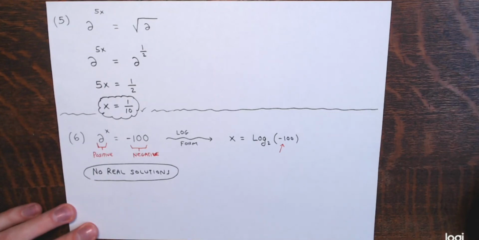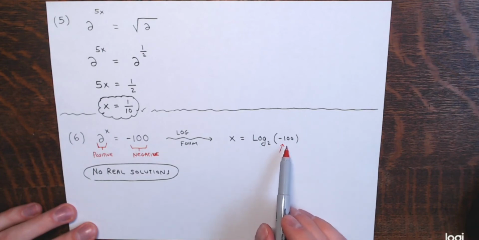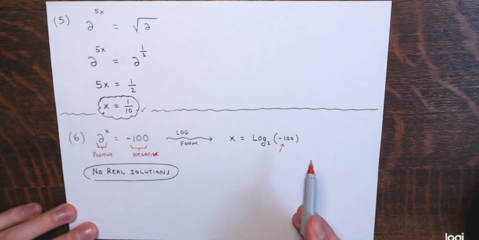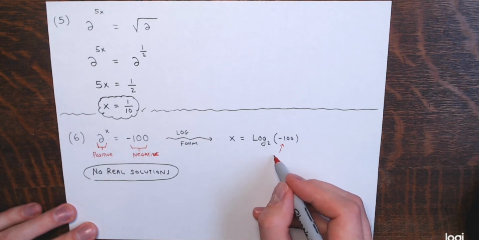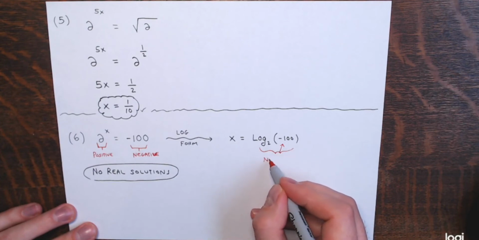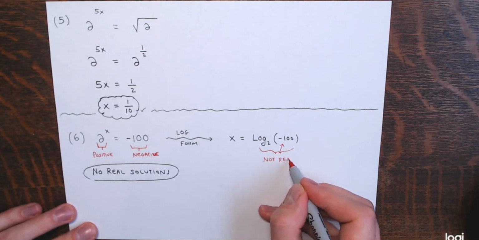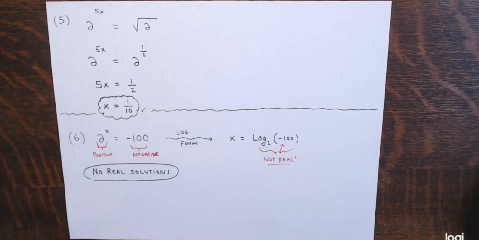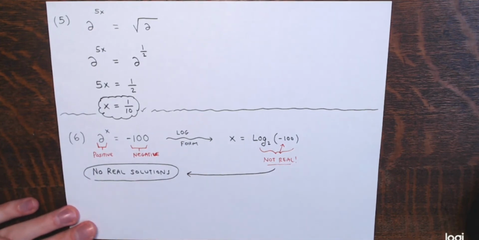You can only have positive numbers inside a logarithm and get a real number output. Now, if you continue on in math, you'll see eventually that this is a complex number with an imaginary part. But this is not real. And since it's not a real number, they say it's undefined in most calculators, then this thing has no solutions, right? No real number value of x is going to make this true.